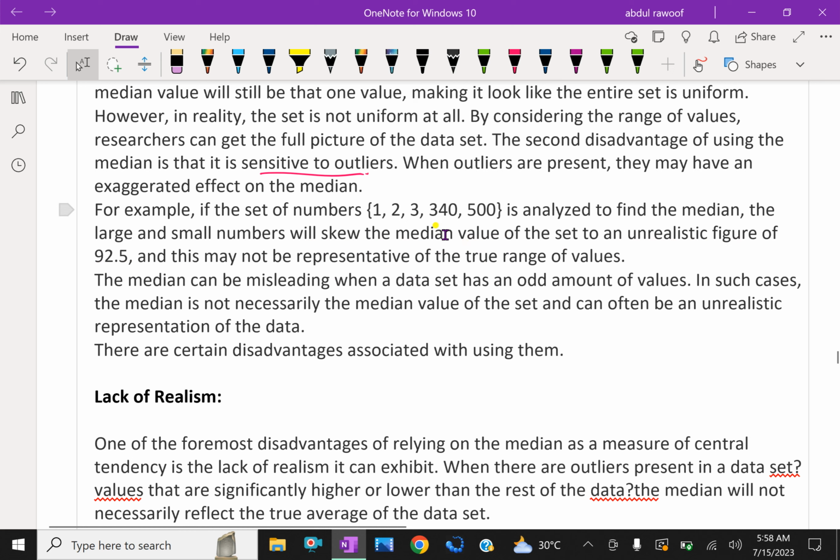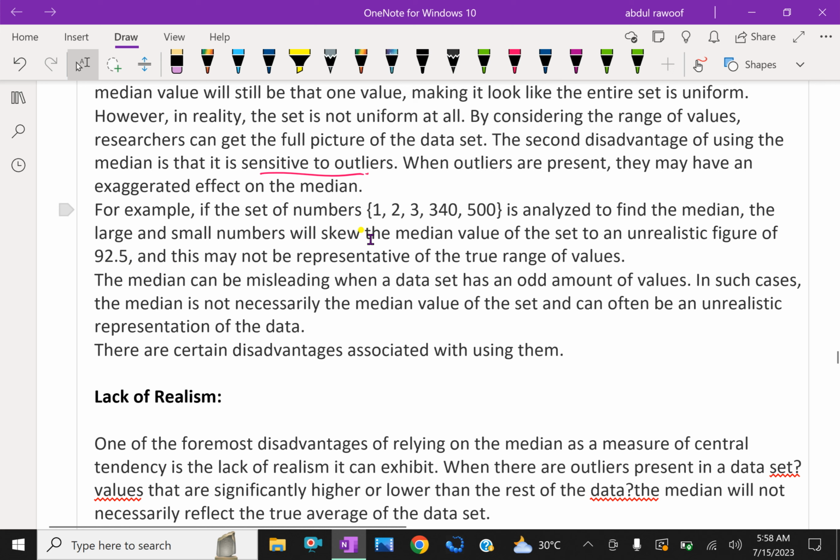Here, there are 5 numbers in total, and the middle value is 3. At first, this 3 is not a good picture for the median, and it will skew the median value of the set to an unrealistic figure compared to the mean of 92.5.